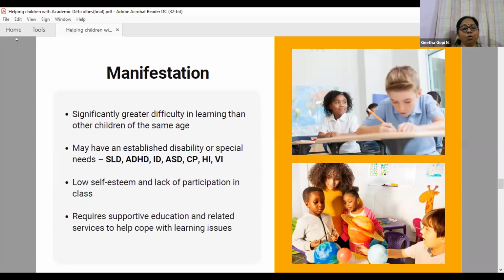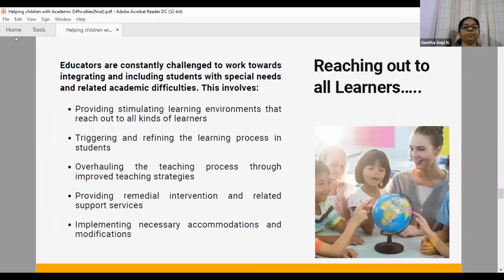They withdraw. Sometimes they withdraw a lot. Sometimes they act out so that they would be punished, or they can get out of that activity which was more stressful. And many of them, because of the difficulties and challenges they face, require supportive education and related services to help them cope with these kinds of issues.